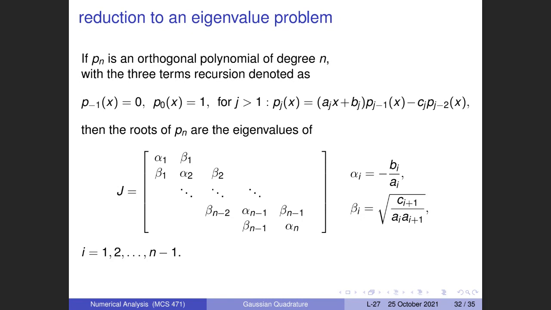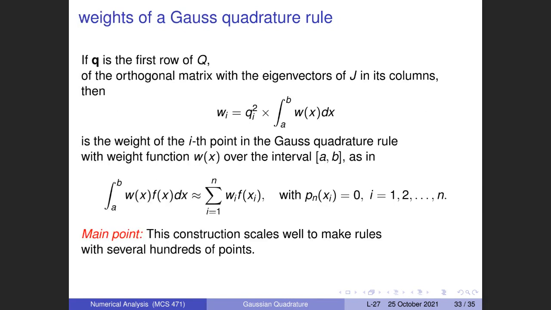It's a structured matrix. Its coefficients are derived from the coefficients in the 3-term recursion. So computing roots of orthogonal polynomials is solving an eigenvalue problem of a tridiagonal matrix. And the eigenvectors will give us the weights of the quadrature formula.